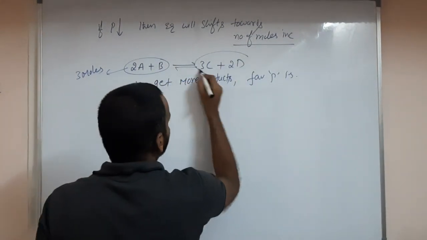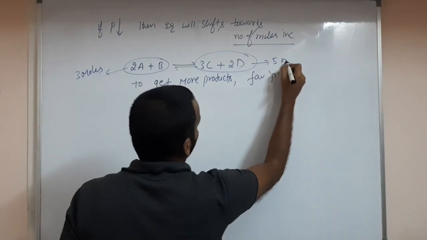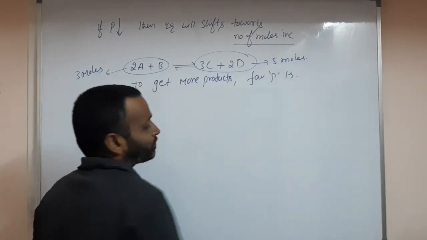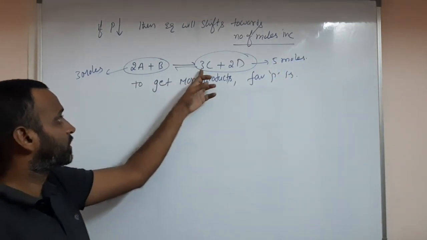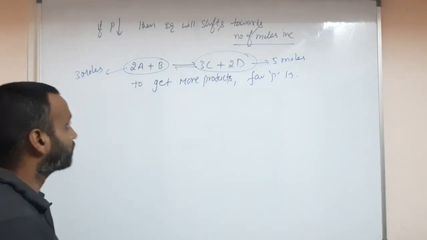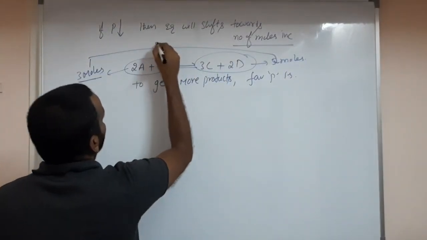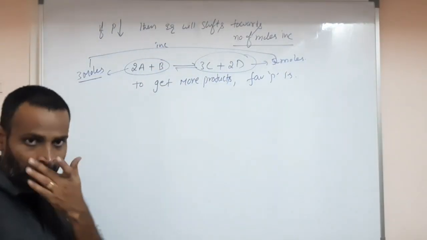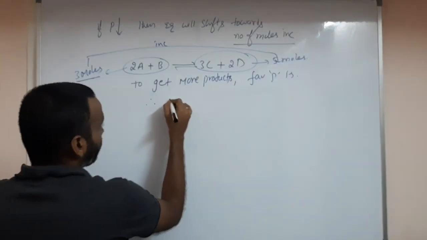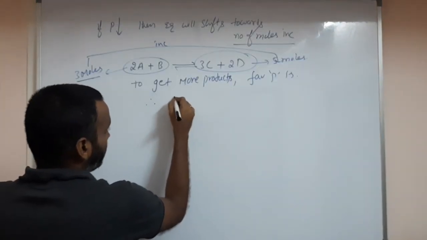Here how many moles do you have? 3 moles and 2 moles, so 5 moles. So the number of moles, what happened? 3 moles became 5 moles here, so the number of moles increased. Therefore, what is required?